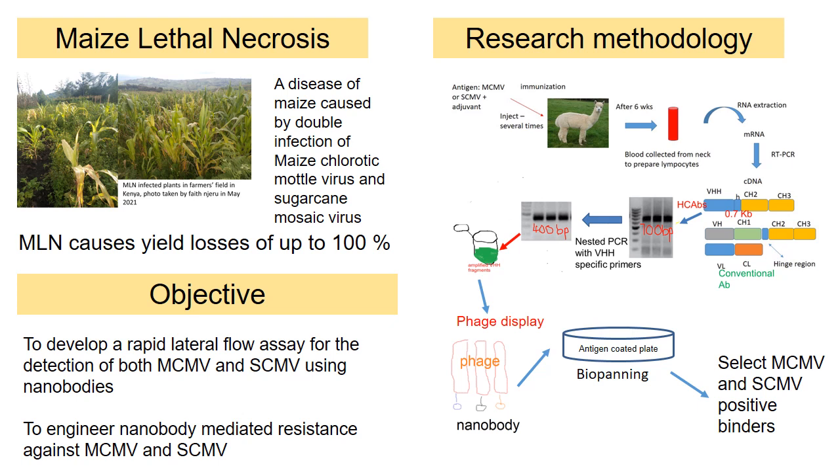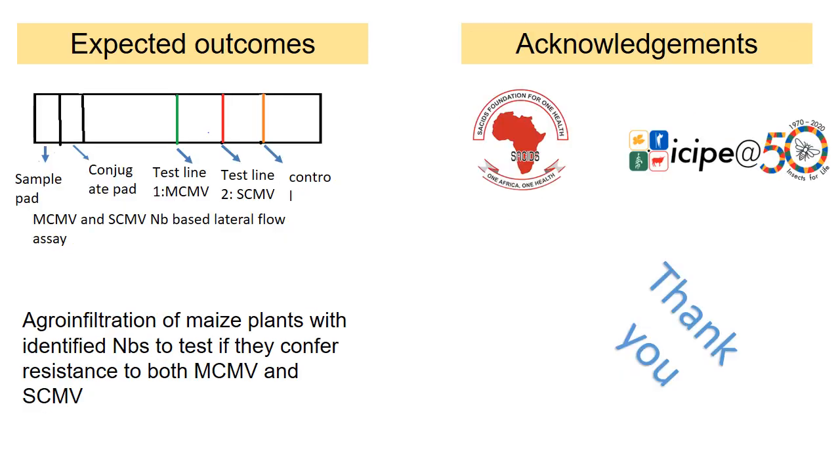So using VHH specific primers, I'm first amplifying the region from VH to the CH part, and then I go to the VHH specific region. Then through the library created, I do a phage display and biopanning to select for MCMV and SCMV positive binders.